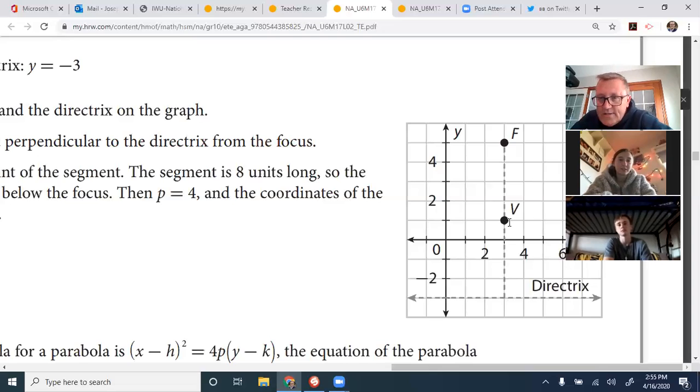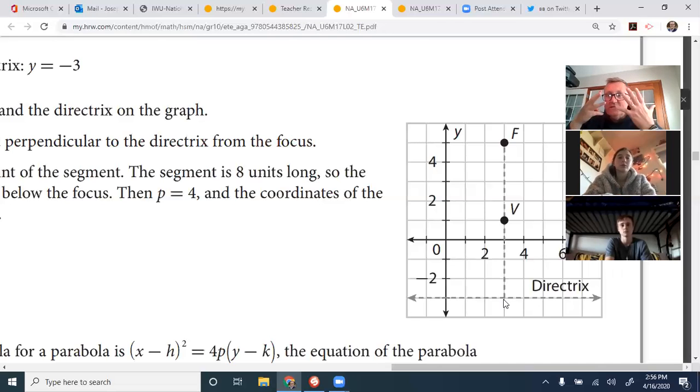Here's what that represents. The vertex is halfway between the focus and the directrix. So if I were to count, now watch my mouse. Can you see my mouse? 1, 2, 3, 4, 5, 6, 7, 8. You see that?